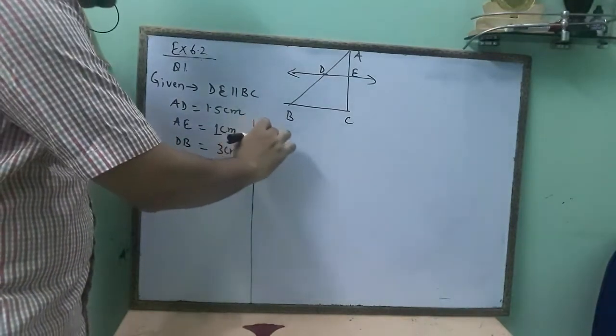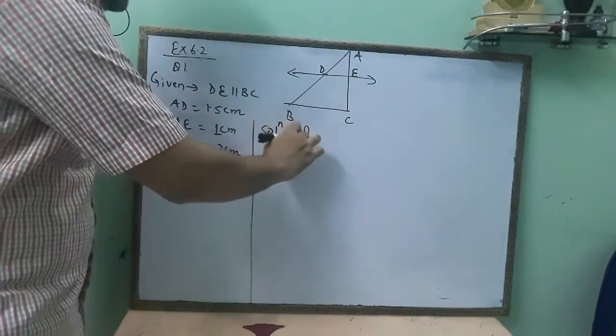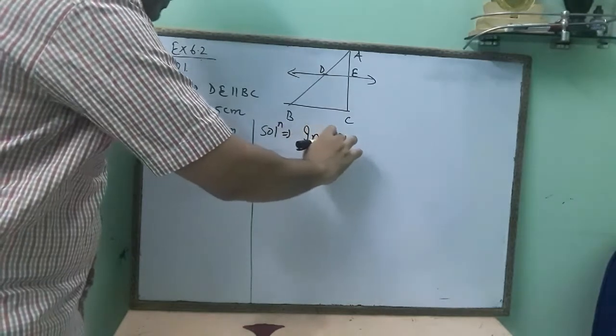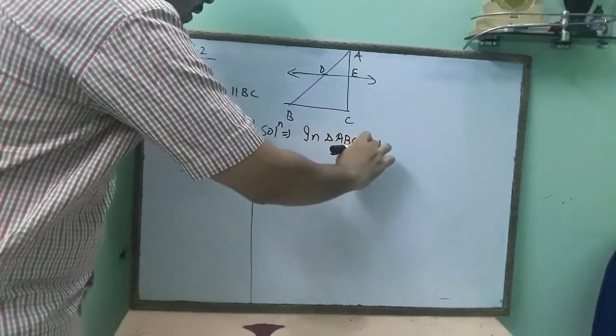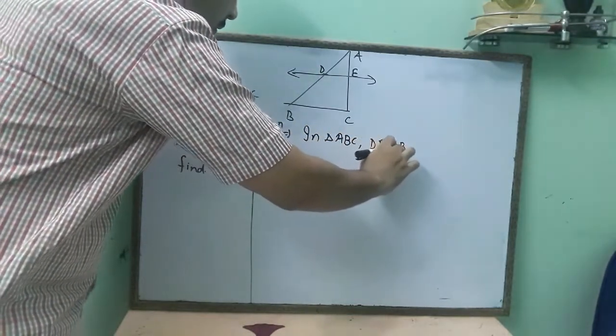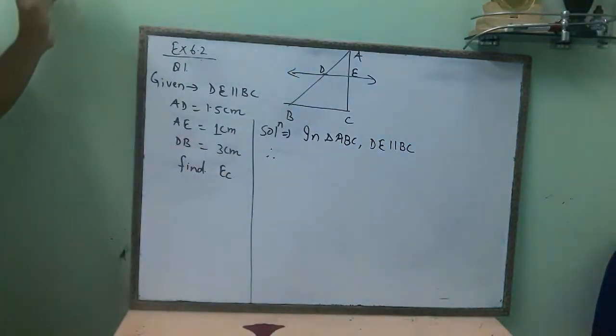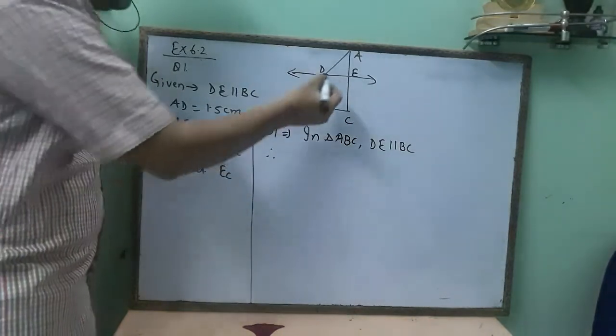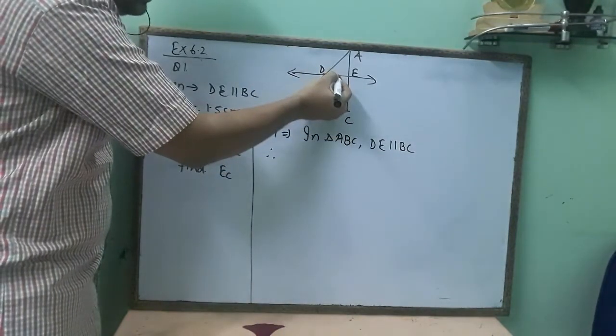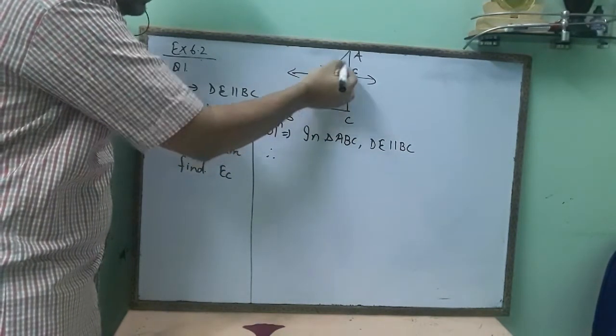So we will use it in triangle ABC. Solution: in triangle ABC, since DE is parallel to BC, now how can we select the ratio, the proportional ratio?